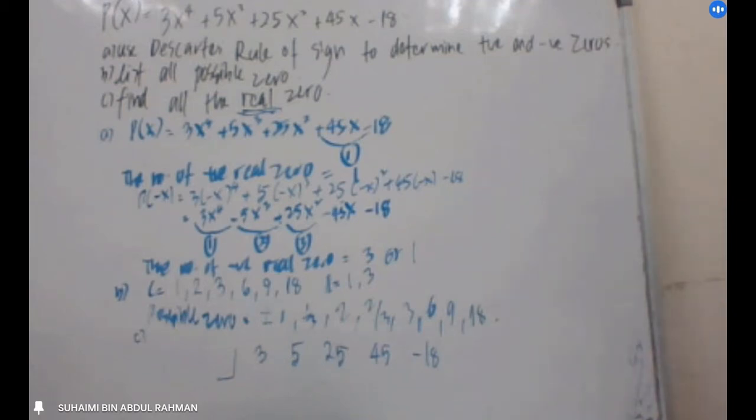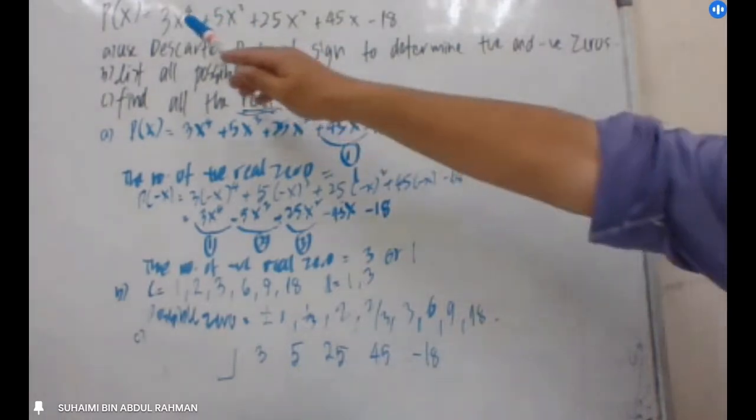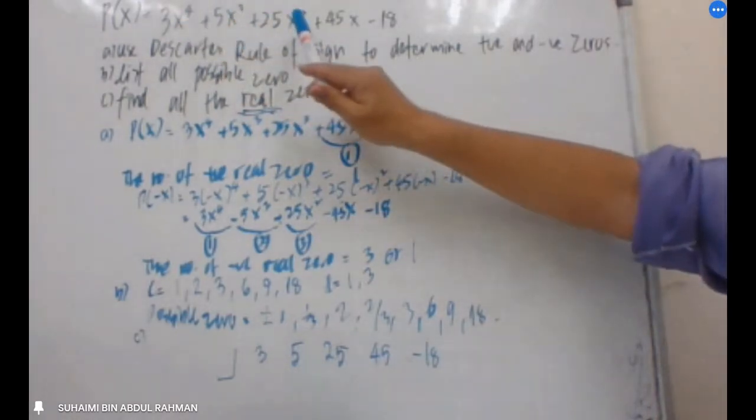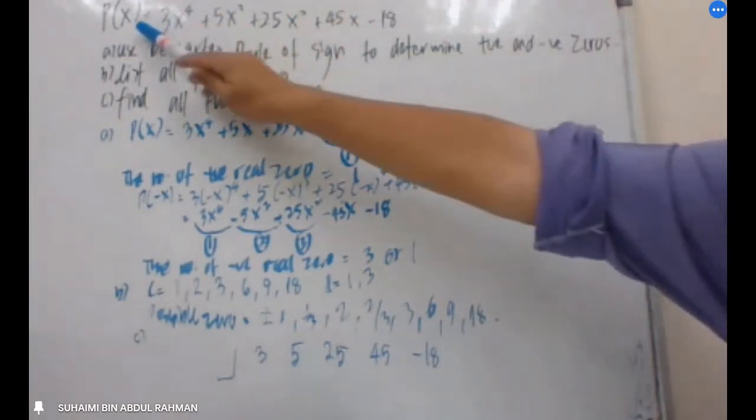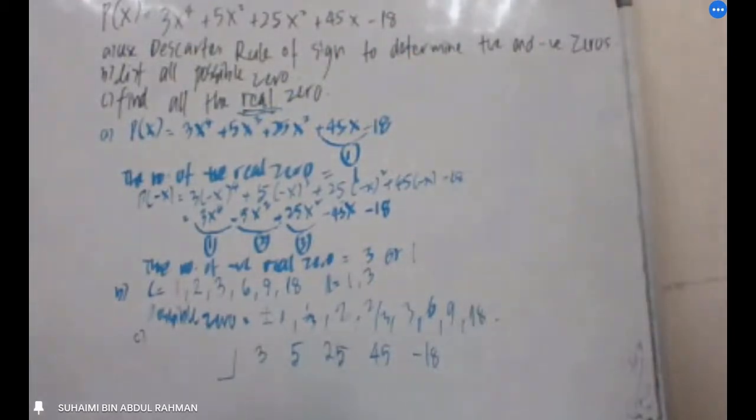The number that you have to put there is minus 2. Why? How do you know minus 2 is the number to put there? Because when you substitute x with minus 2, our polynomial becomes 0. So that's one of the zeros of our polynomial.